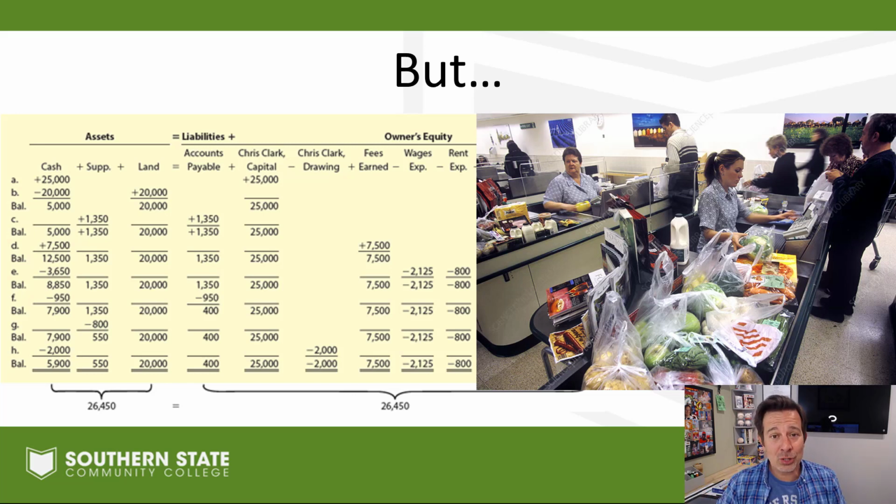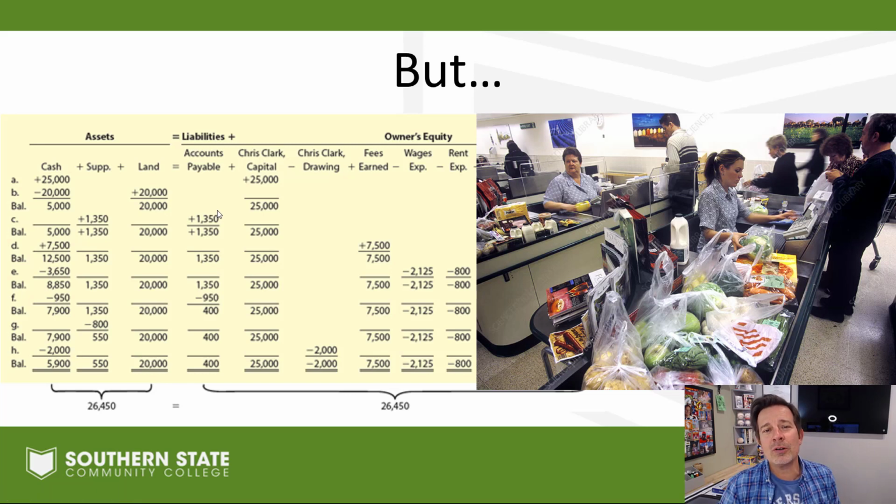Could you imagine trying to plug all of those transactions into the accounting equation for an entire chain of stores? And that's just on the sales side, not even counting what the store had to pay their employees, or the utility bills, or the inventory, or any of that. That would get pretty crazy pretty quick, trying to cram all of that information into that accounting equation format. So we're going to take it in a different direction here.